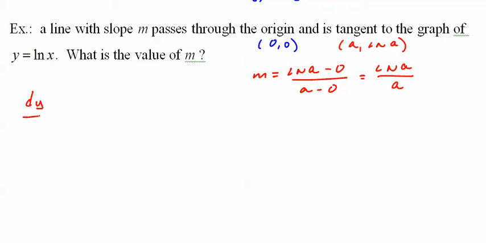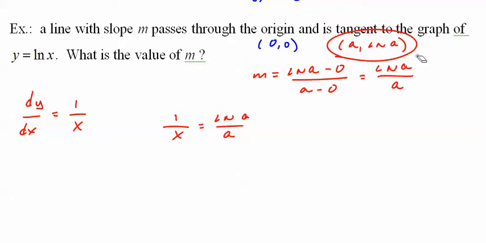dy/dx equals 1 over x. That's the slope. 1 over x equals natural log of a over a. You say, well, I've got two unknowns. Well, don't forget it goes to the point a, ln of a.